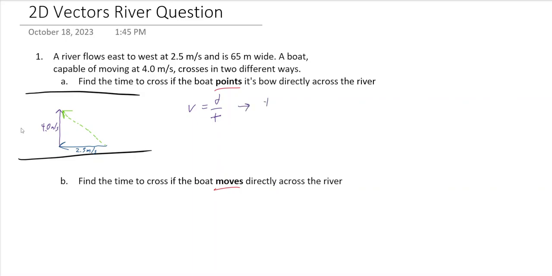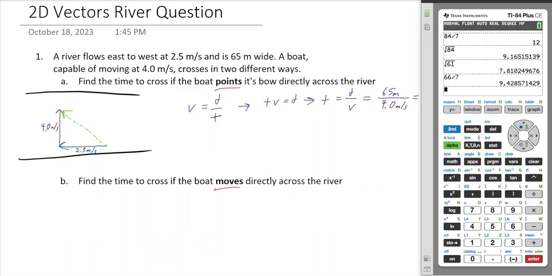So we're going to rearrange: t times v equals d. Rearrange again, we get t equals d over v. And we can just type in our calculator 65 meters over 4.0 meters per second, and we're going to get the time it takes to get across the river.